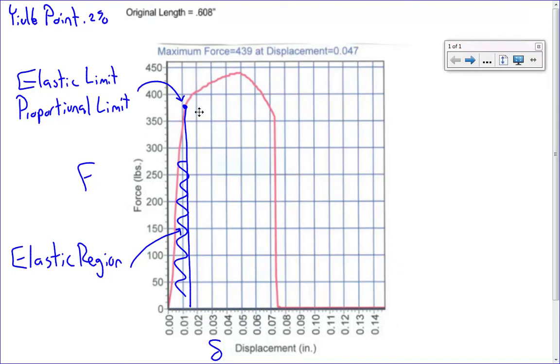So we'll call our elastic limit 375. Go over, that's about 375. So if we do 375 times 0.2%, so that would be 0.002, you're going to get 0.75. If I add that back to my original, I'm going to get 375.75.